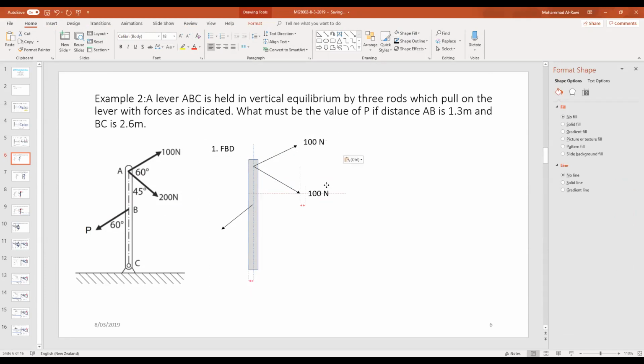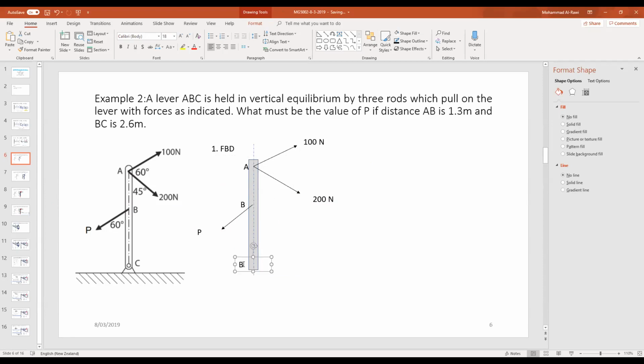For me, it's easy to copy this and then change the numbers to save time. P. Now I need to label the bar so I understand where I'm working. This is A, and B, and the last one is C.